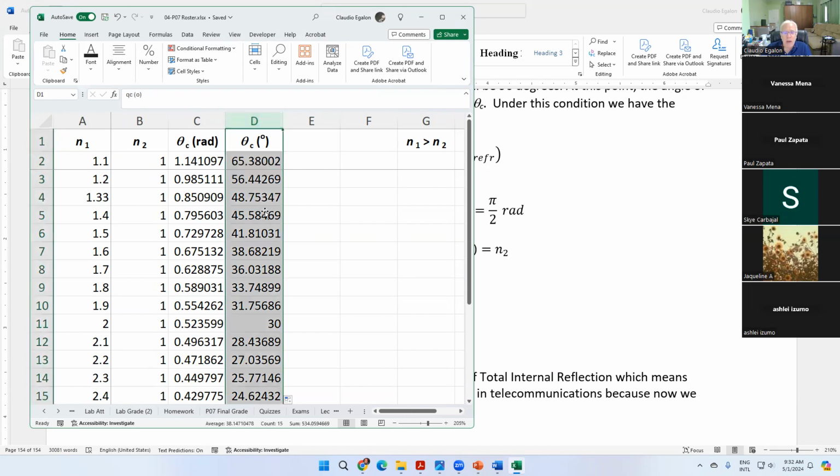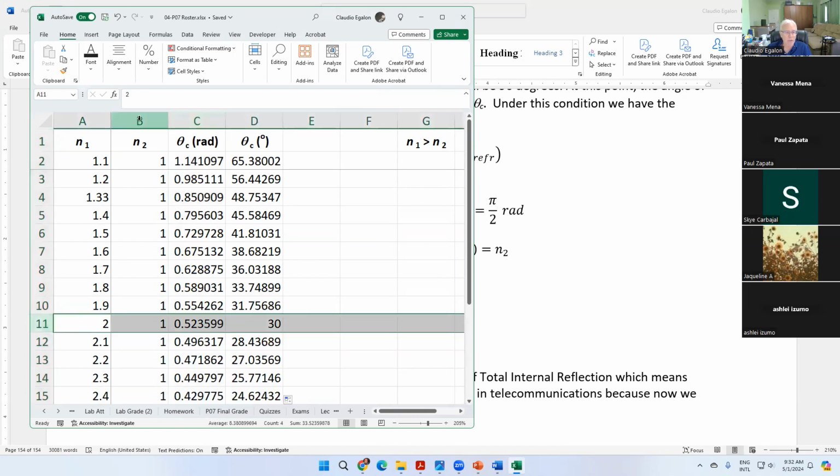So the angle becomes shallower and shallower. When you have a refractive index of 2.0, we have a critical angle of 30 degrees or 0.52 radians.